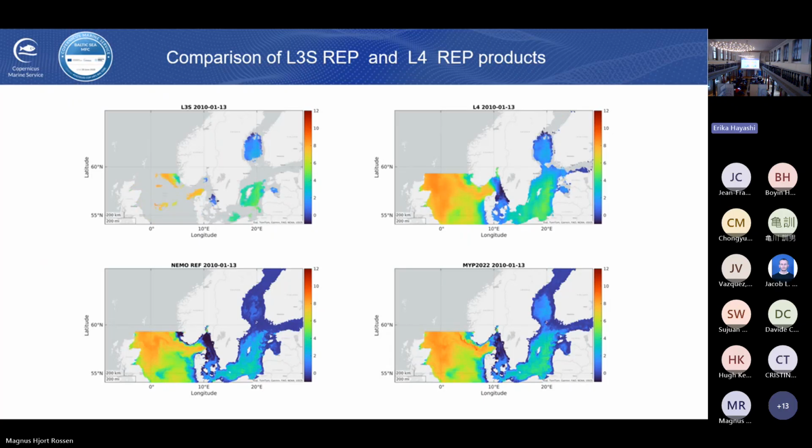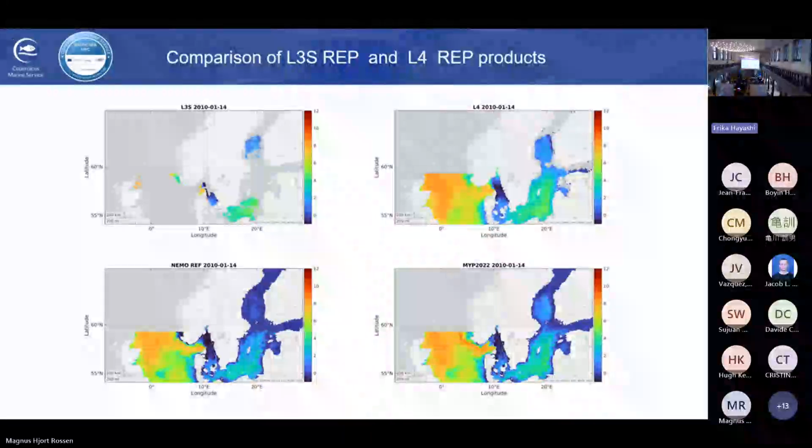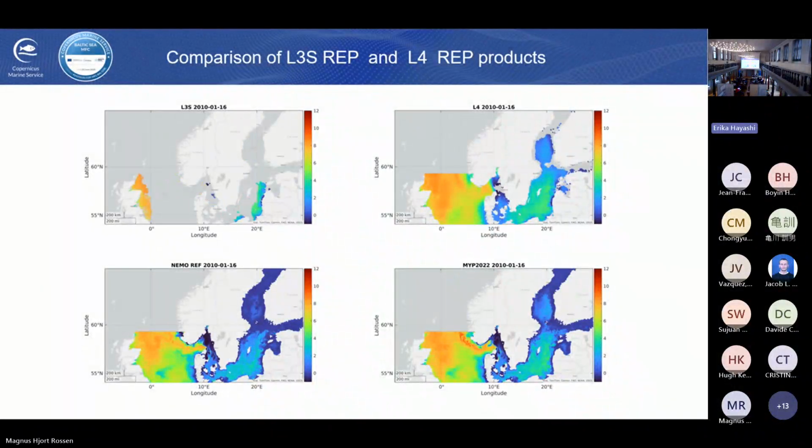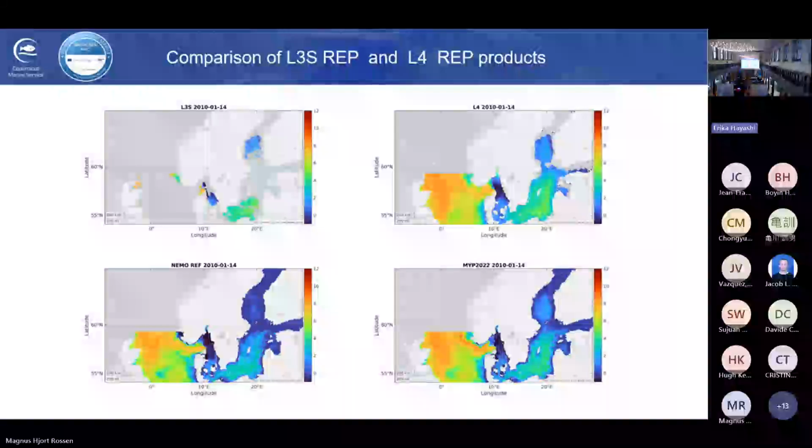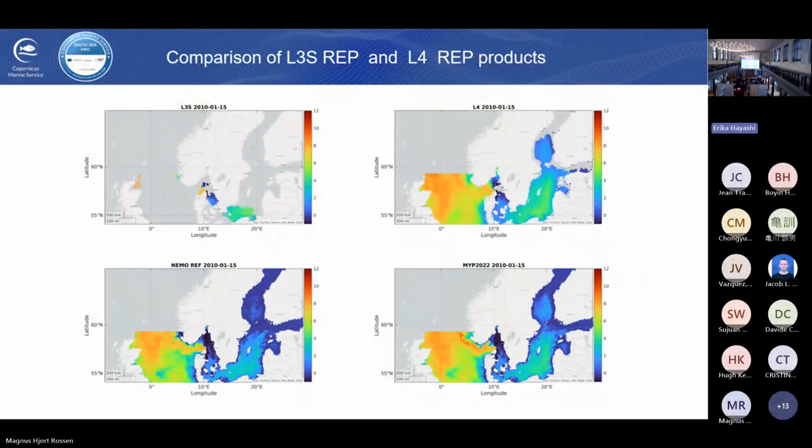The reanalysis on the bottom right shows that this front is much more variable. It has more meandering features and eddies developing. So the level 4 is a good product, but it's very smooth. We cannot assimilate level 4. Therefore, we still have to assimilate level 3 products.